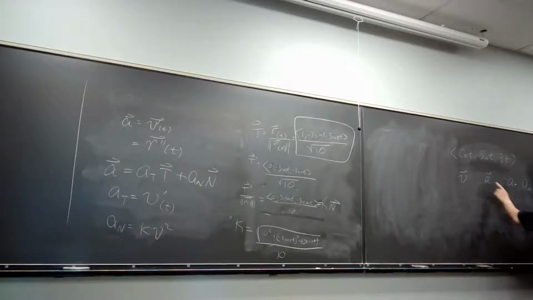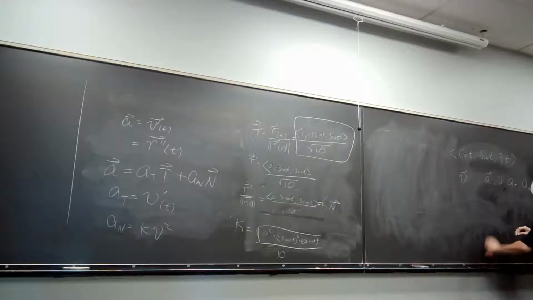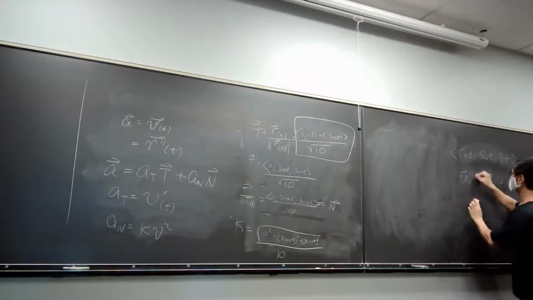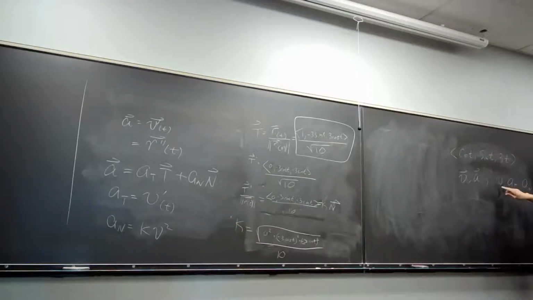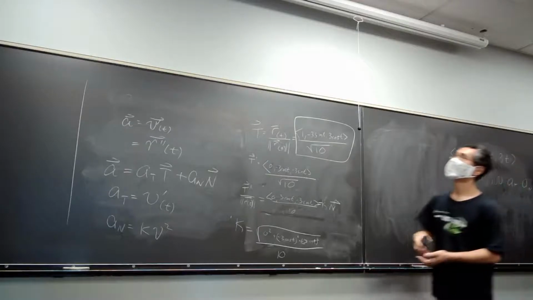Remember, v and a are vectors. And v is a scalar, which is just the magnitude of v as a vector. And at and an are the components of a. All right?